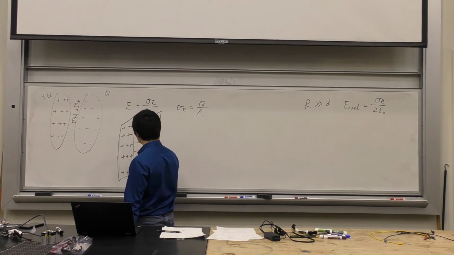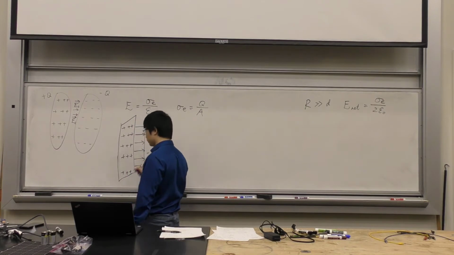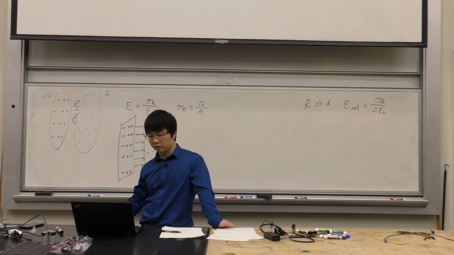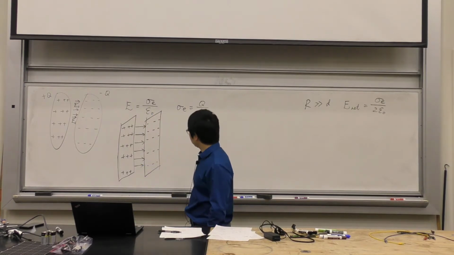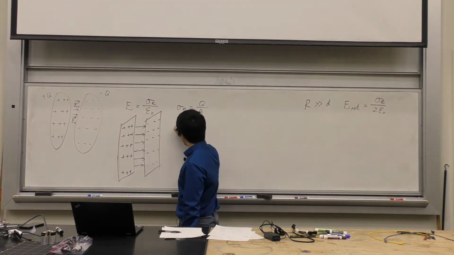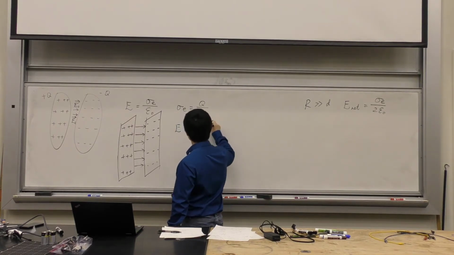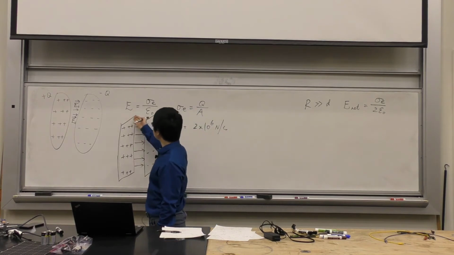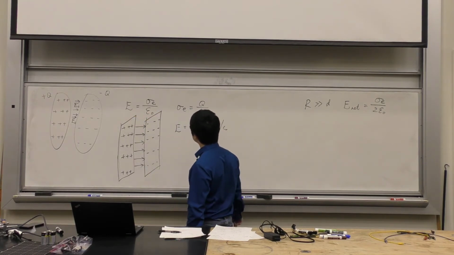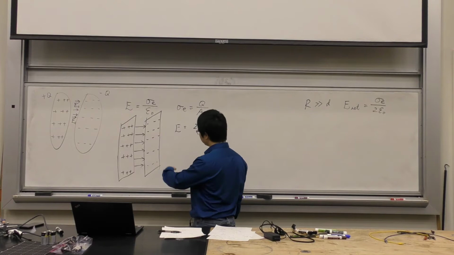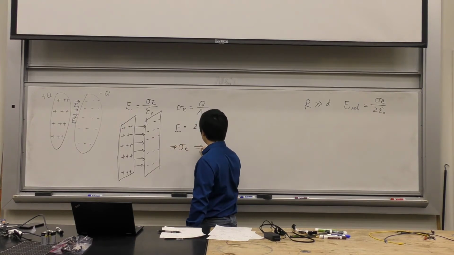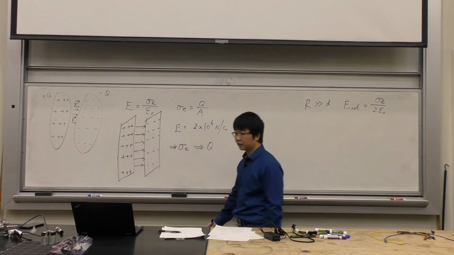And we can use this electric field to study the behavior of elementary particles, which we're going to see in a little bit. Now, the problem says that I want to create an electric field of 2 times 10 to the 6 newtons per coulomb. So we can rearrange this equation to find the sigma on each plate, and then find the amount of charge on each plate, right?